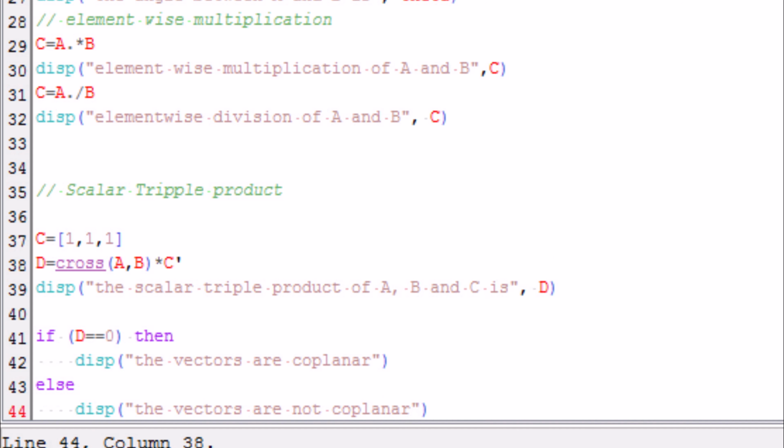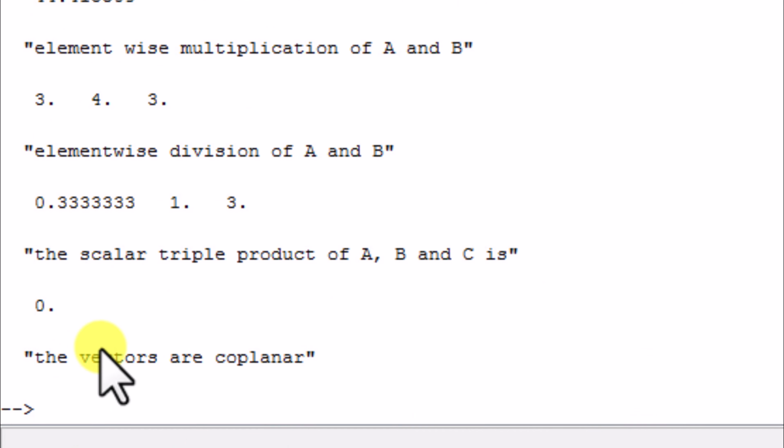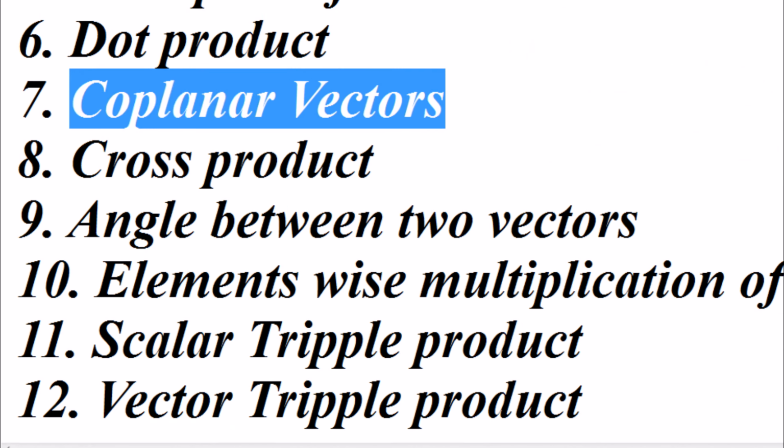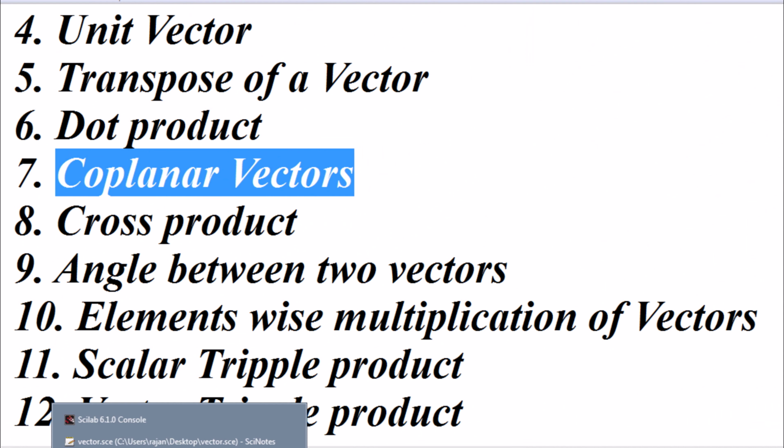Now let us display the output on the console, and we can see the vectors are coplanar because the scalar triple product of a, b and c is 0.